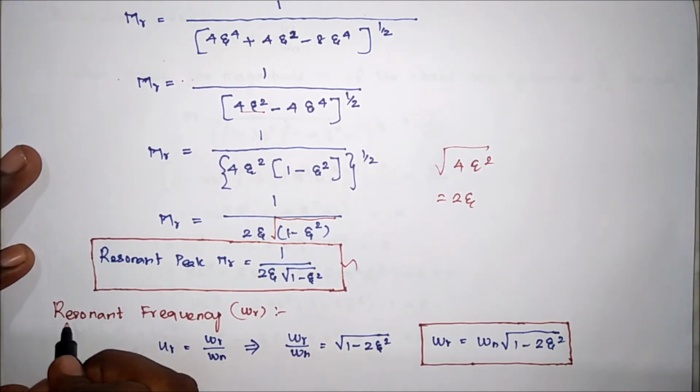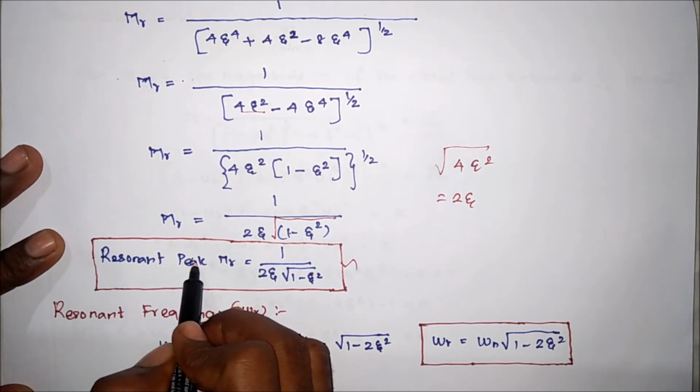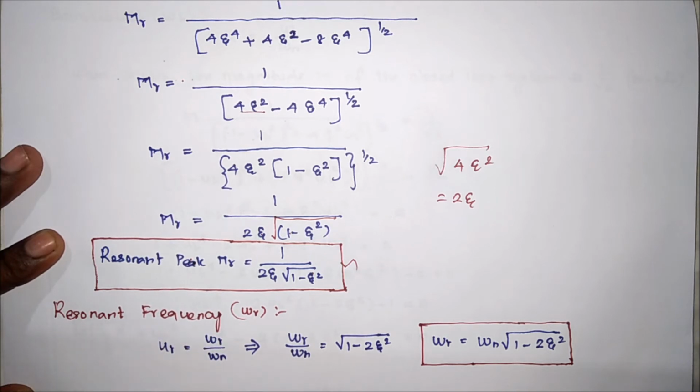The next concept is resonant frequency. We know the frequency at which resonant peak occurs is called resonant frequency. According to the concept, we already know ur equal to omega r divided by omega n. So what we need is omega r. We know already ur value. So ur equal to square root of 1 minus 2 eta square.